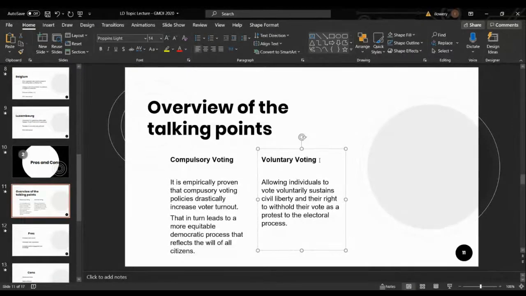On the opposite side of that, people who argue in favor of voluntary voting, obviously just saying you can vote at your own discretion, they argue that it allows individuals to practice their civil liberty by refusing to vote. They argue that it can act as a form of protest to some sort of problem with the electoral process.